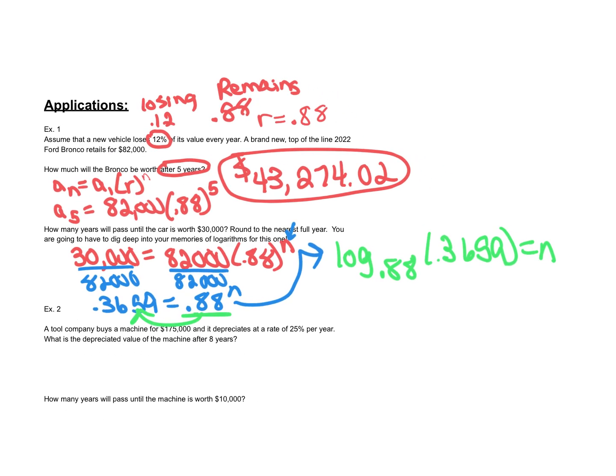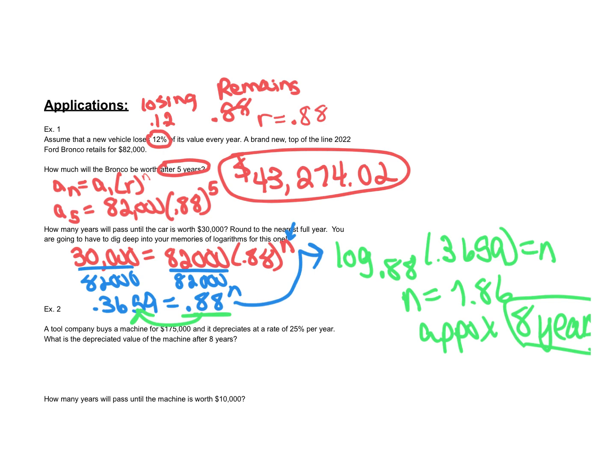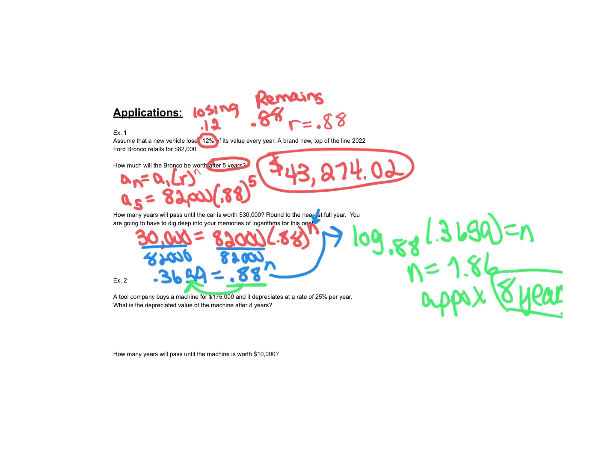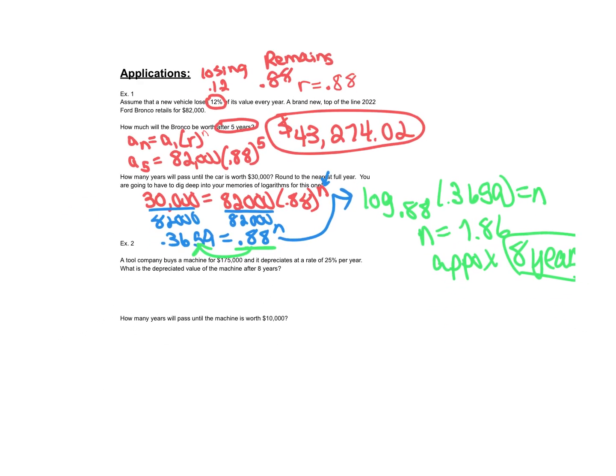Remember, under the math button, if you arrow down, there's the log base. You can find any log base that you want, and you should find that your n equals 7.86, which means it's approximately 8 years. It'll take 8 years for it to be worth $30,000.